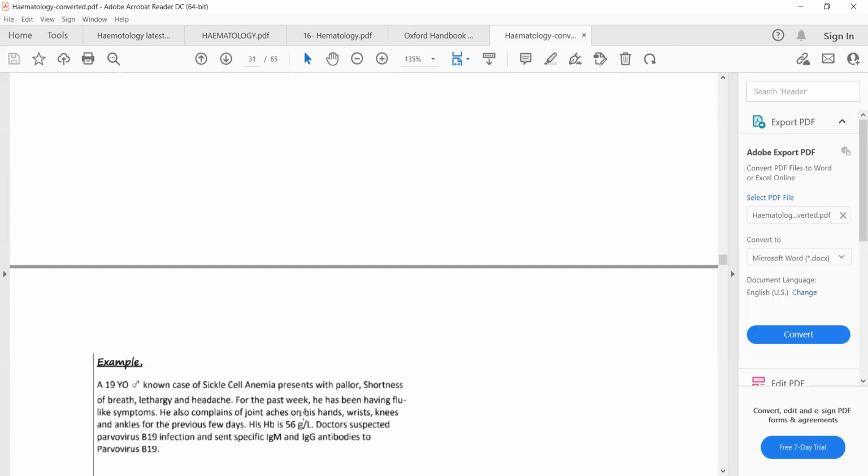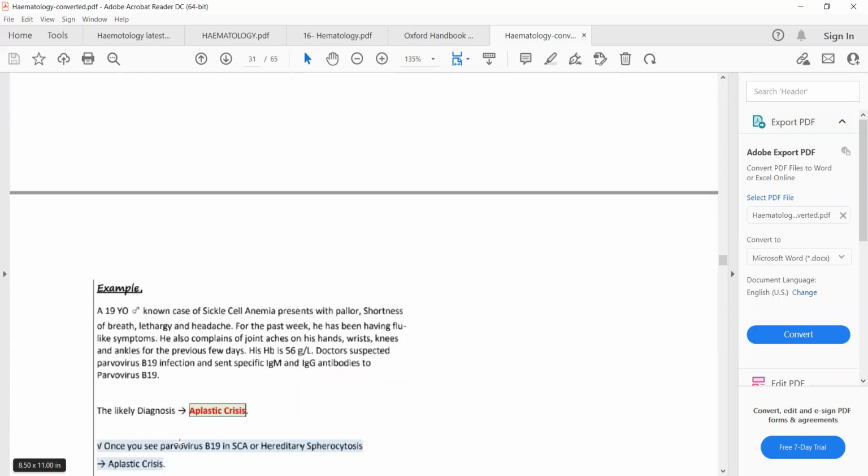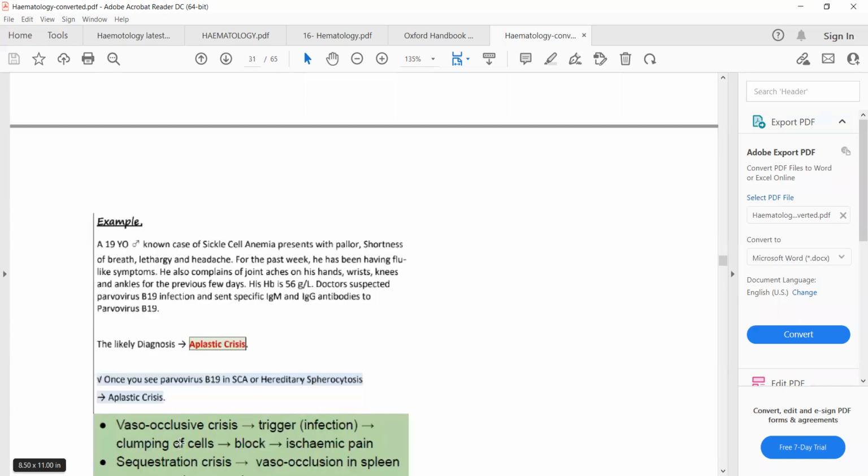His HB is 56, so low HB. A doctor is suspecting a parvovirus B19 infection. So whenever you see parvovirus B19 in a patient with sickle cell anemia or hereditary spherocytosis, your diagnosis will be aplastic crisis. So the likely diagnosis is aplastic crisis.